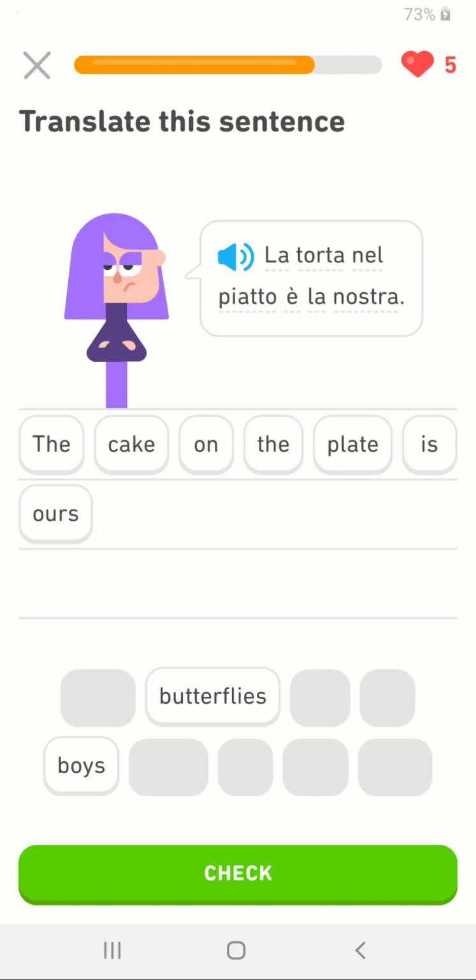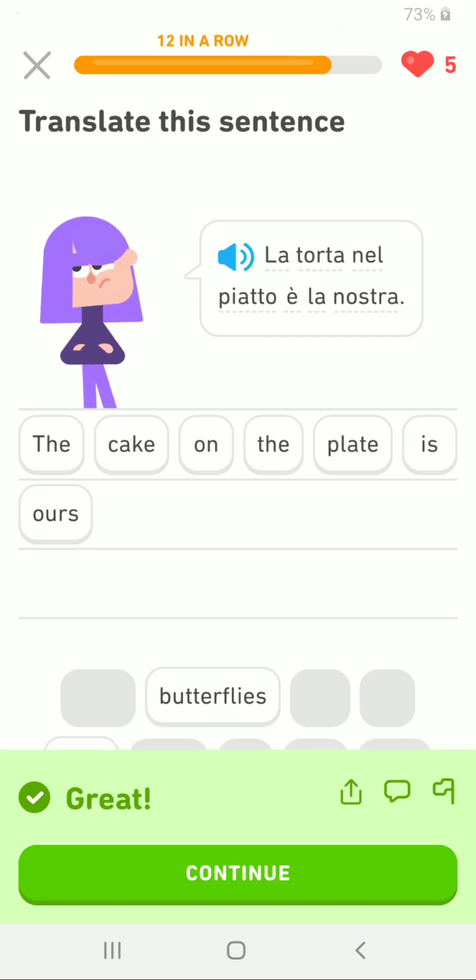So now we see that probably when you say it's mine, it's yours, you're trying to clear confusion or some kind of ambiguity about whose cake it is. So that's why you have to use the la again. So the article, la torta nel piatto è la nostra. It's a little bit more for clarity, let's say.